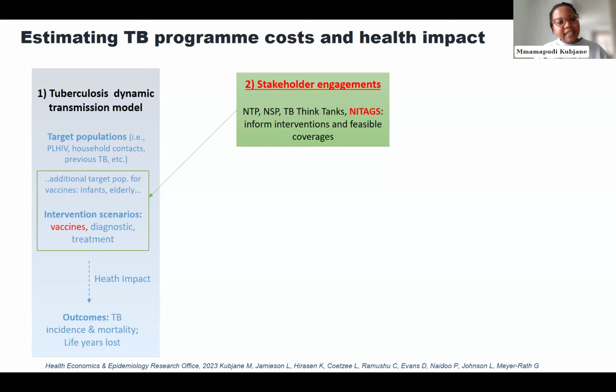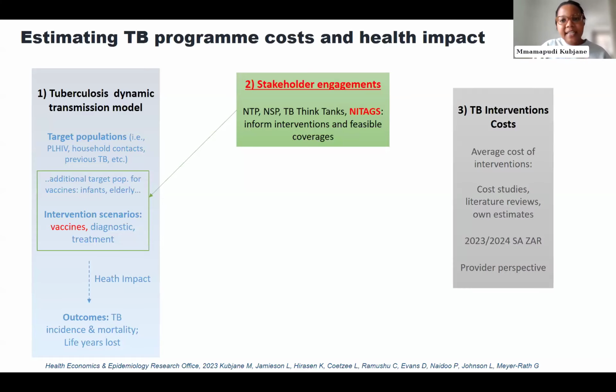But in this stage, we also engage with the stakeholders, and immunization groups can also fit in here, where they would tell us, for instance, how to implement the program, or which population groups to target, and also the coverage levels of the intervention, to make it more feasible, because it's not just an academic exercise.